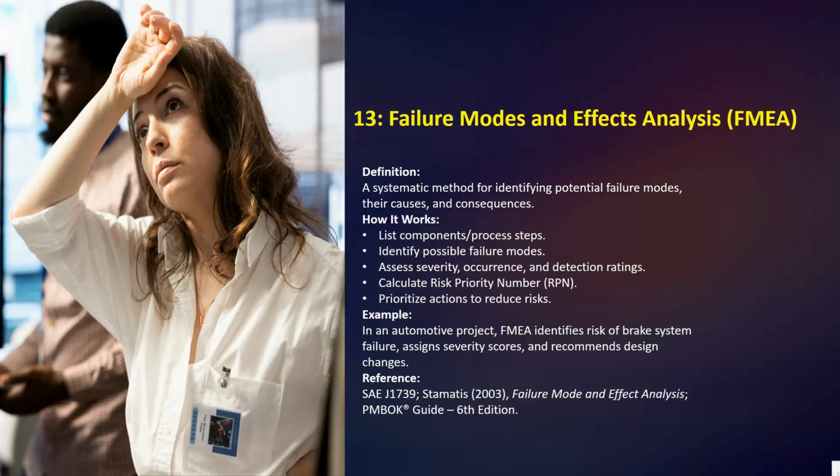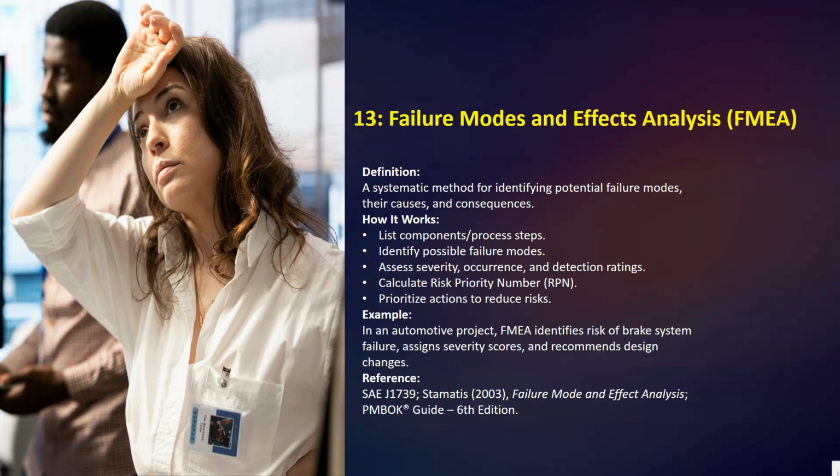After that, we have number 13, failure modes and effects analysis. FMEA, actually called failure modes and effects analysis, is a systematic way to identify and evaluate how a process or product might fail, and what the consequences would be. So it helps you to prioritize which risks are most important to fix.